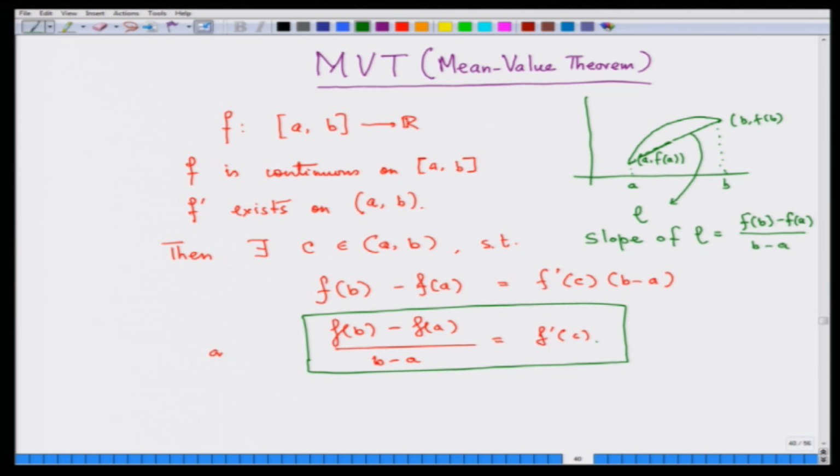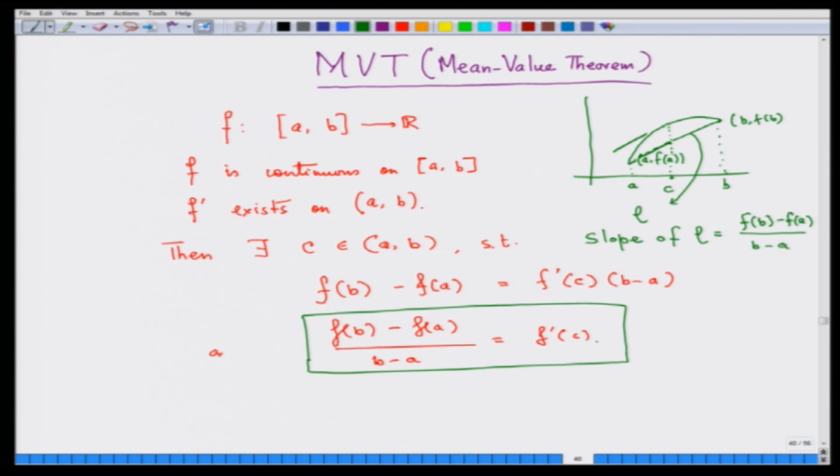What does it tell you? It does not matter, I can have a point c lying between a and b. So this is the point c.